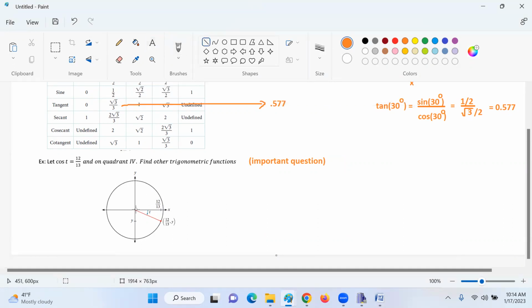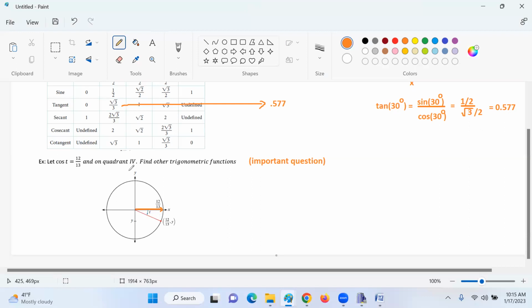So this is what we have for x. We want to figure out the other ones as well, including the tangent, the cotangent, the secant, and so on and so forth. So the cosine will be 12 over 13. And then I want to figure out the y.